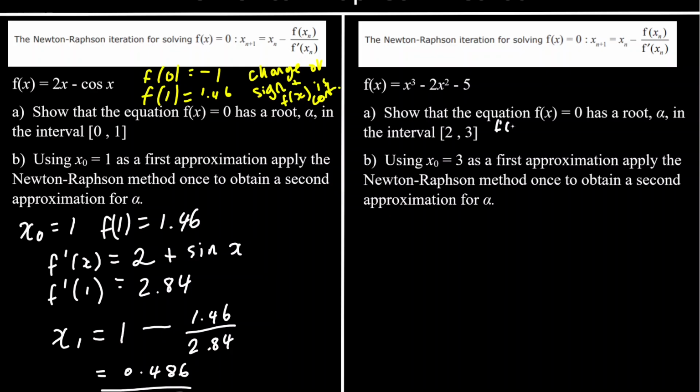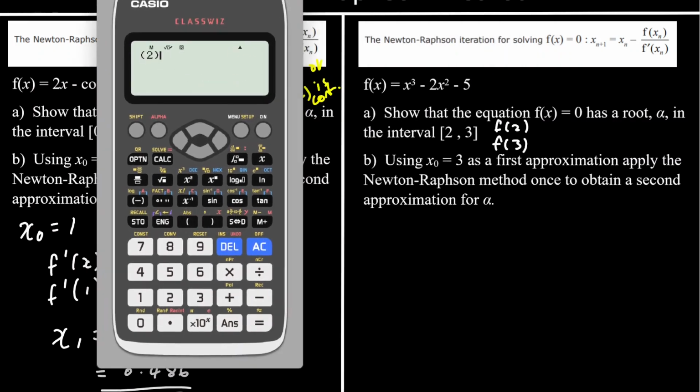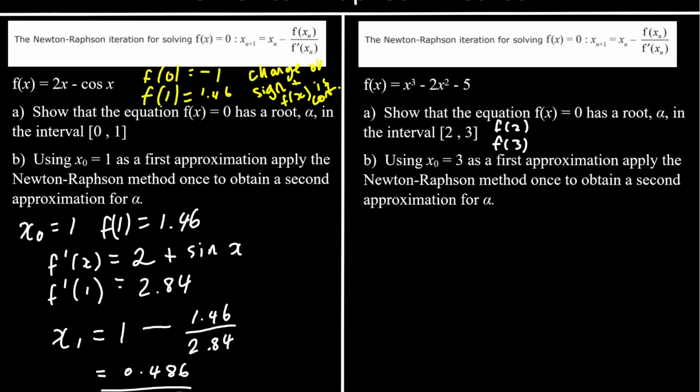So we're going to do f of 2 and f of 3 and see if we get a change of sign. So we have 2 cubed minus 2 times 2 squared minus 5, which is negative 5.